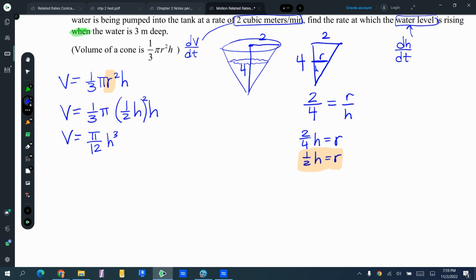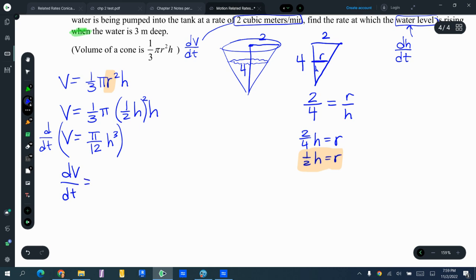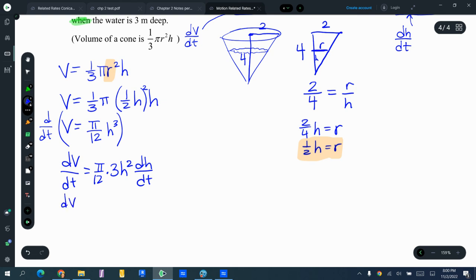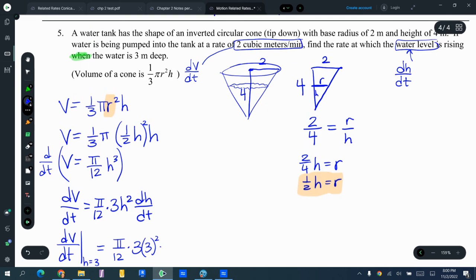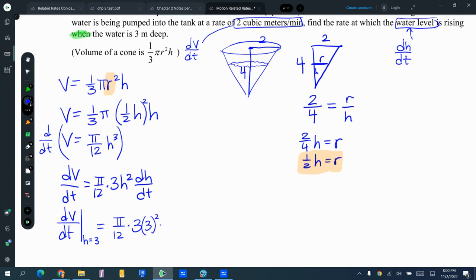Now we can do the derivative of this with respect to time. dV/dt is going to equal pi over 12 times 3h squared dH/dt. We are evaluating this when the height of the water is 3 meters deep. So pi over 12 times 3 squared times our dH/dt, which is what we are looking for.